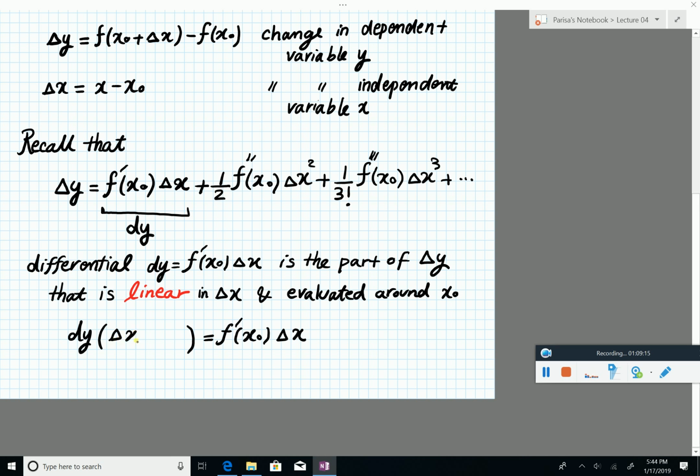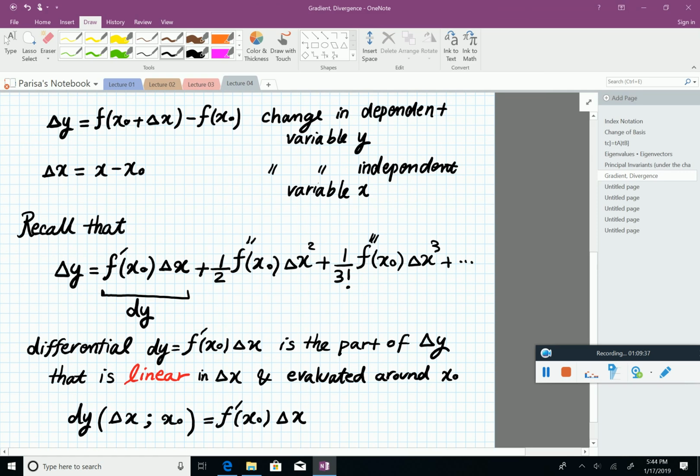And to have the other part being evaluated in the neighborhood of x naught included, I use this semicolon and I put x naught there, just so that it is all there. I wish we had space on this page, but we don't. To move to the next page.